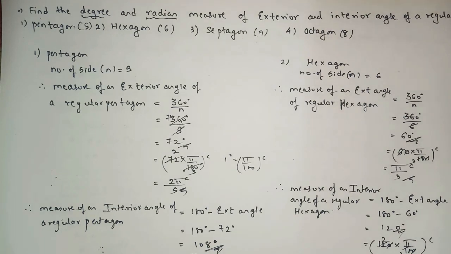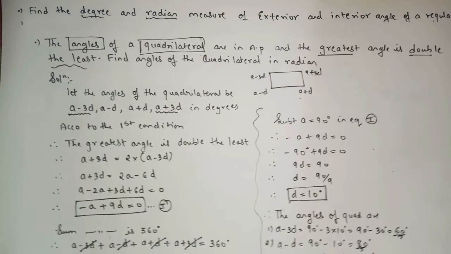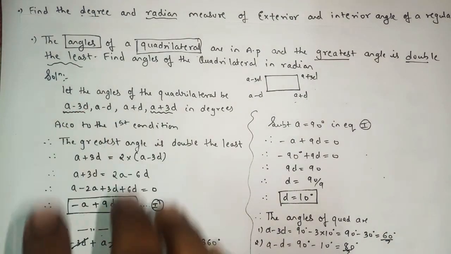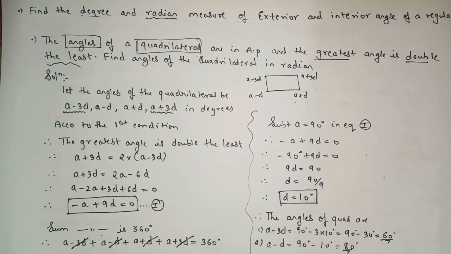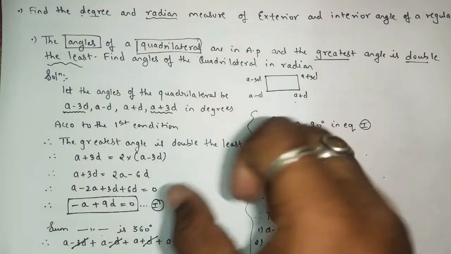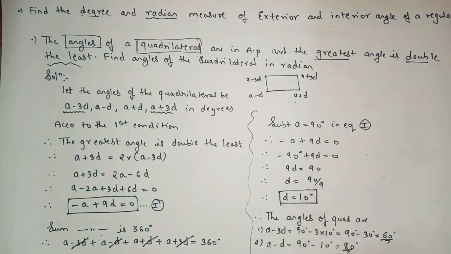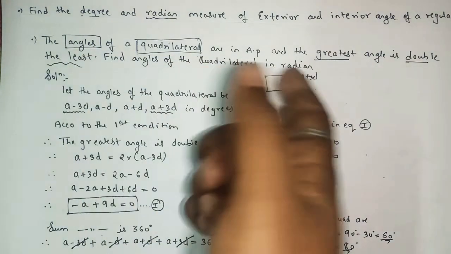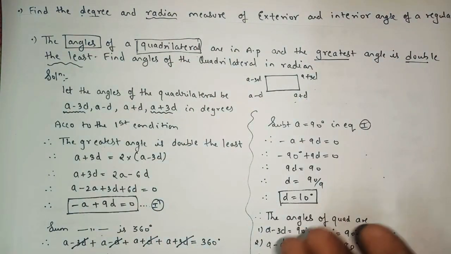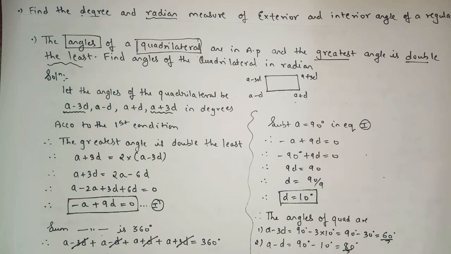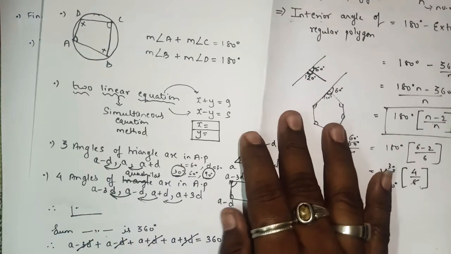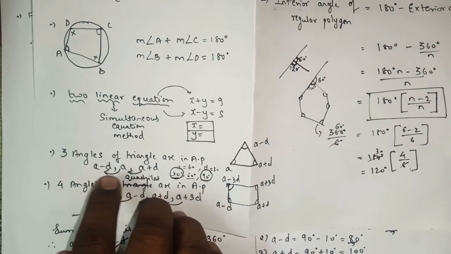In this lecture we saw one sum based on when the angles of the quadrilateral are in AP and how to find the angles of the quadrilateral in radian. In the last lecture we took one example where we saw the angles of the triangle when they are in AP and how to find the answer. See the difference between the angles. For 3 angles we take a minus d, a and a plus d.